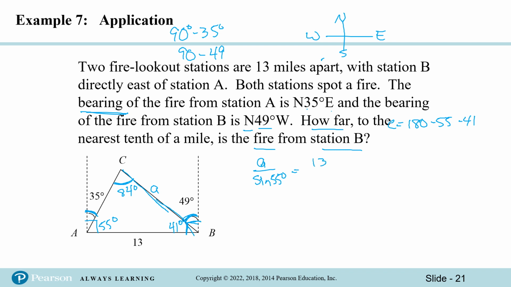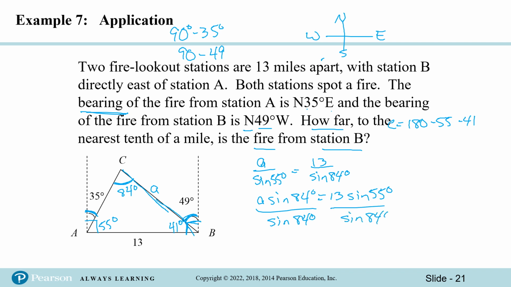So 13 over sine of 84 degrees. Cross multiply, A sine 84 equals 13 sine 55, divide, and we get A is approximately 11 miles.